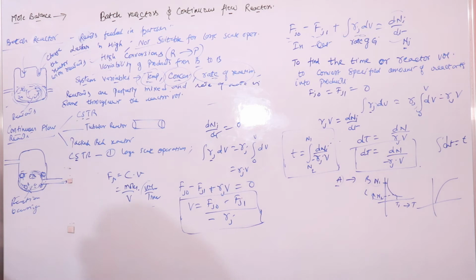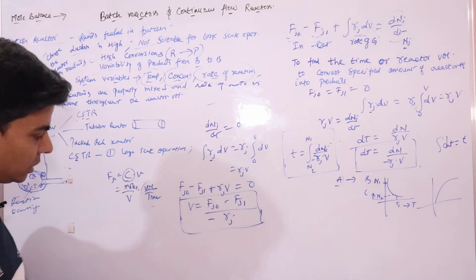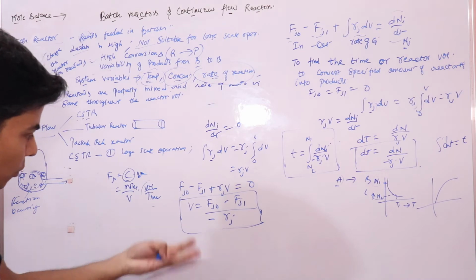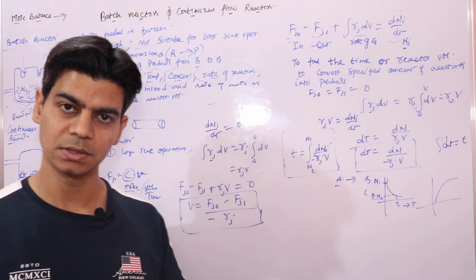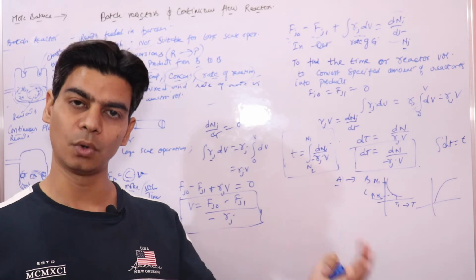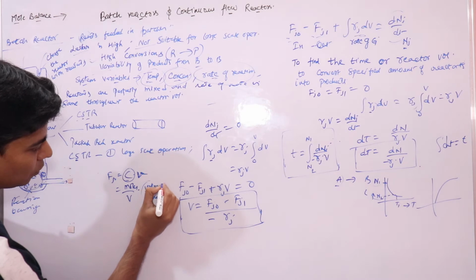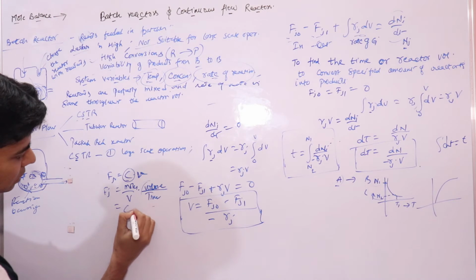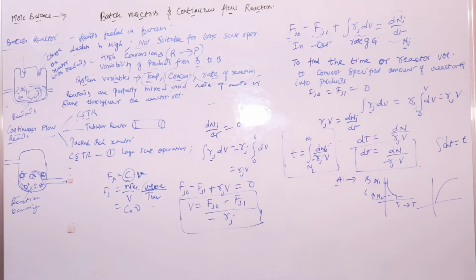The molar flow rate is obtained from concentration, which is moles per unit volume, and this nu is your volumetric flow rate, that is volume upon time. This is your Fj, so it is C into nu.